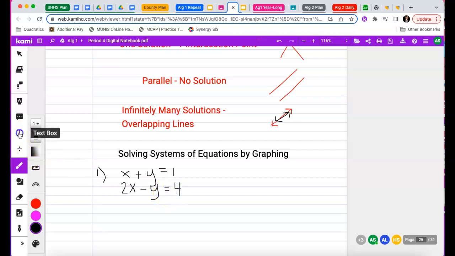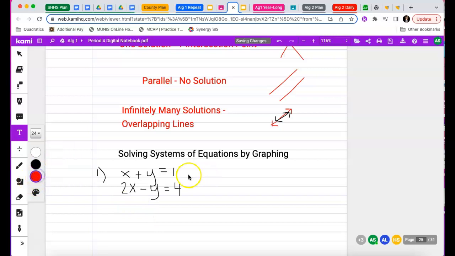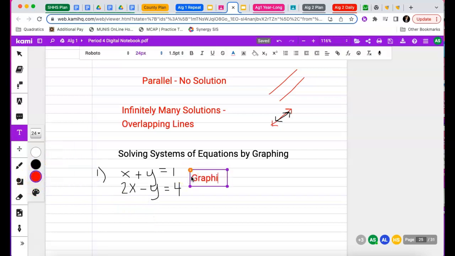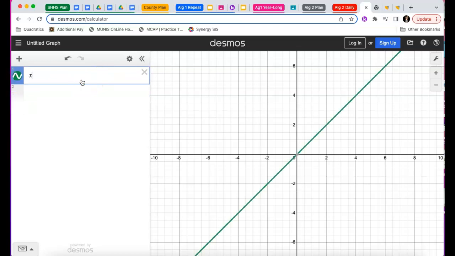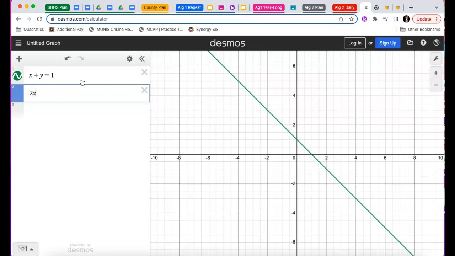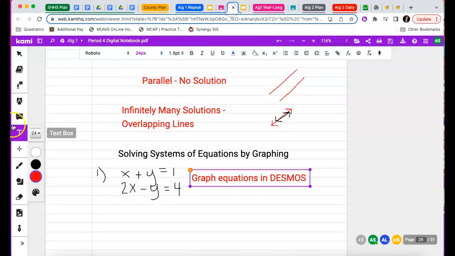So step 2, we are going to graph the equations in Desmos. So we're going to open up a Desmos graphing calculator. We're going to type in x plus y equals 1 and 2x minus y equals 4. So we're going to draw those two graphs.